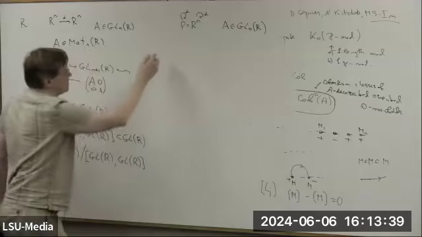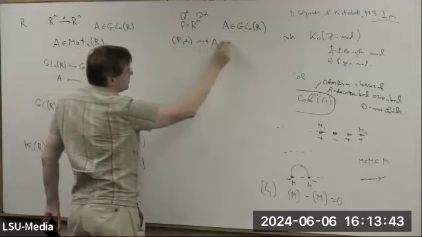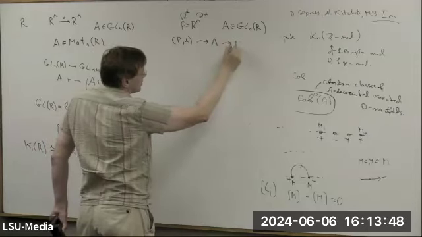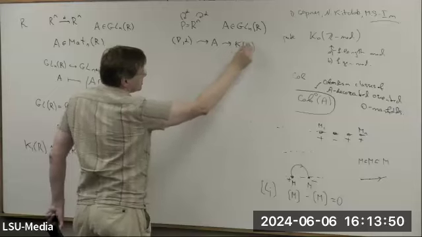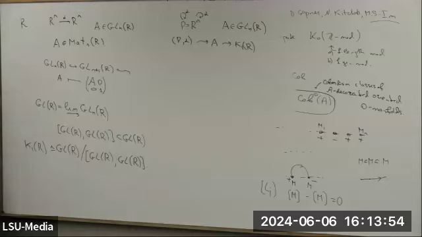So we can send this pair (P, alpha) to A, and then to its image in K1, in the quotient, in this definition of K1.